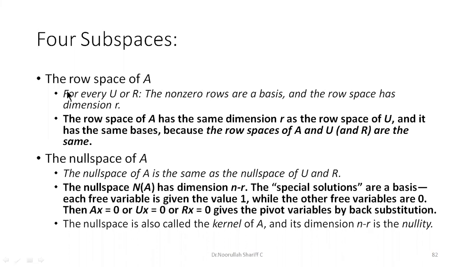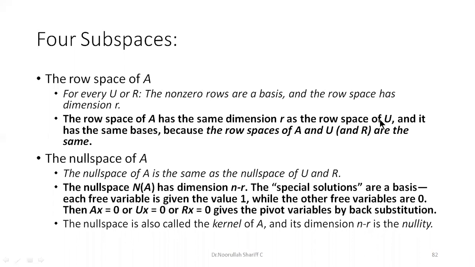Whenever we talk about the row space of A, it is nothing but the column space of A transpose. For every U or R, the non-zero rows are a basis and the row space has dimension r. The row space of A has the same dimension r as the row space of U, and the same basis.